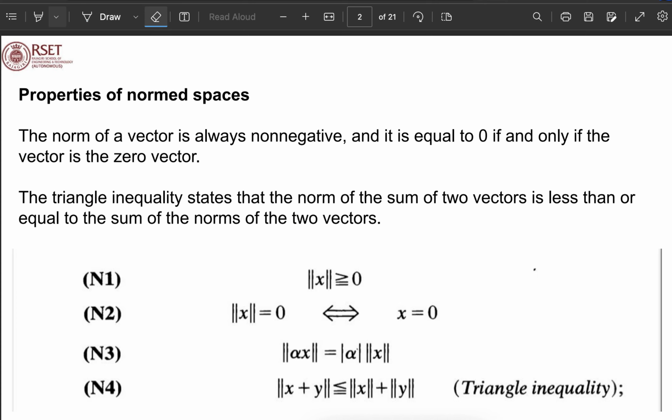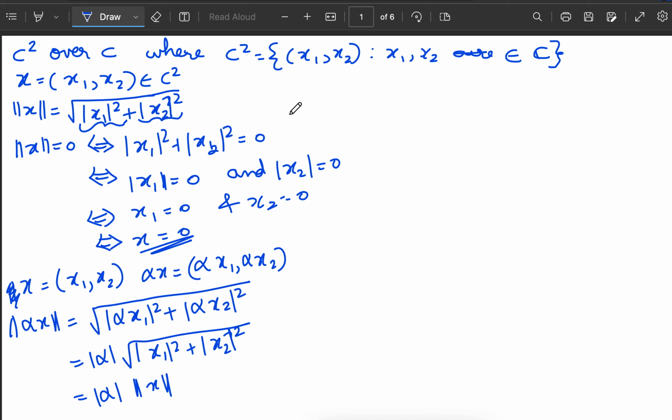So let's check the fourth property. Norm x plus y is less than or equal to norm x plus norm y. Let x be equal to x1, x2, and y be equal to y1, y2.